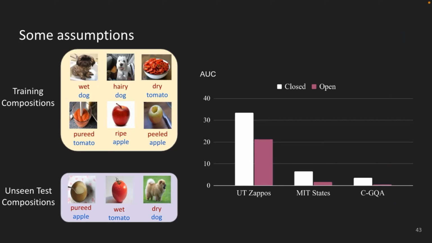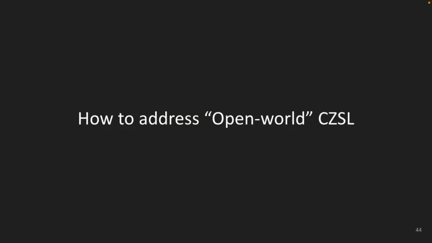The metric is AUC, the area under the seen and unseen accuracy curve, where you have a bias sliding between the two. So we want to address this, called open world. Open world is actually a bad terminology here; the correct one is the one that Zsolt talked about, and also Tyler before.